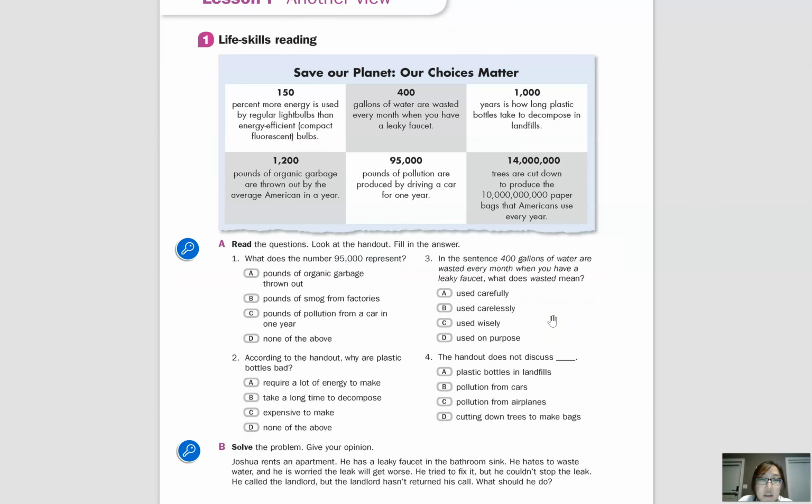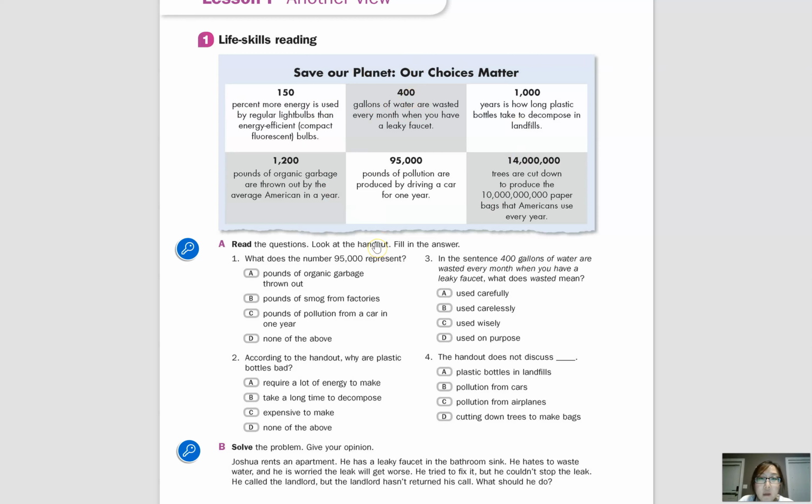So let me mention something very briefly. As the questions state, this is a handout, and it's organized somewhat graphically. As you can see, there are squares, and the numbers are big instead of writing them right in front of the sentence. So this is a kind of graphic organizer.